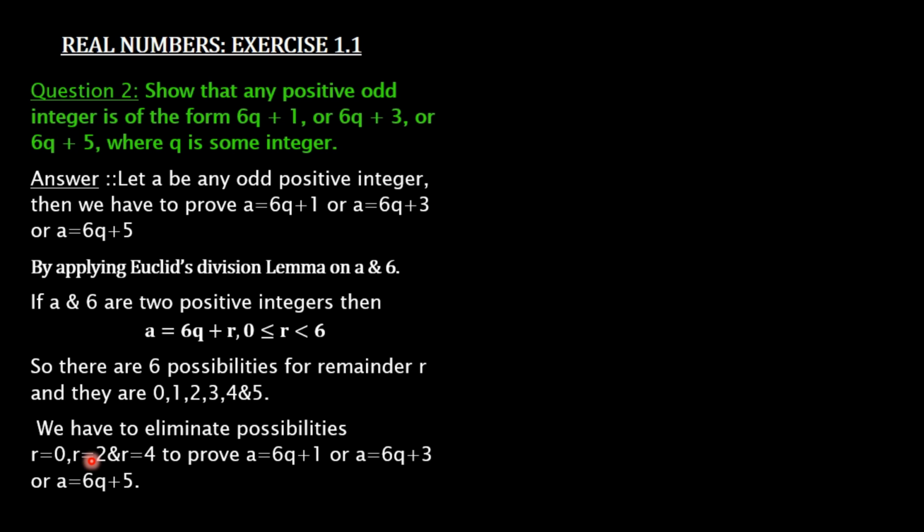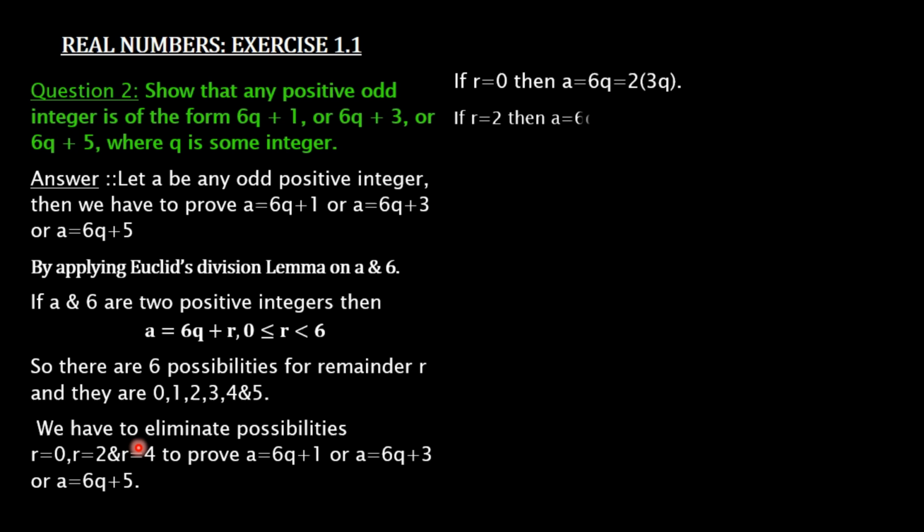We have to eliminate all the possibilities related to r equal to 0, r equal to 2 and r equal to 4. So for eliminating, let us have a look at what will happen when r equal to 0. Then a equal to 6q, which is equal to 2 into 3q. What will happen when r equal to 2?